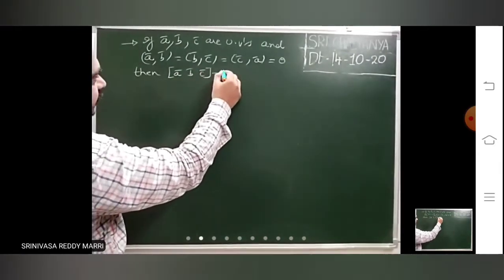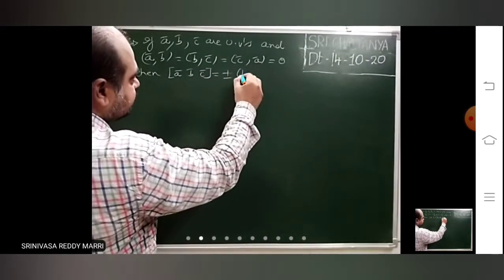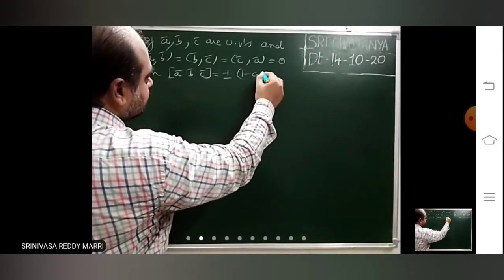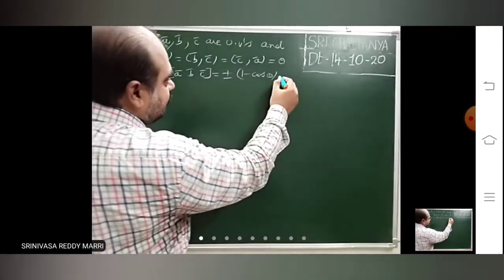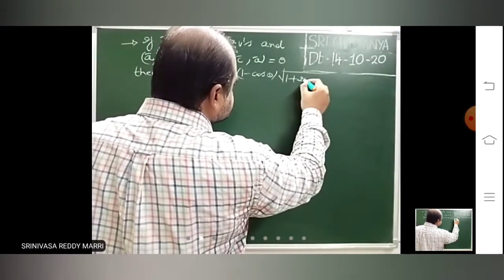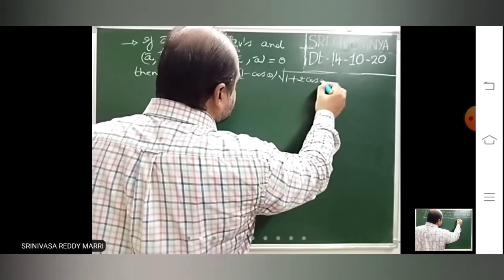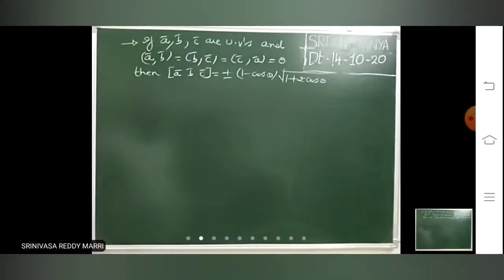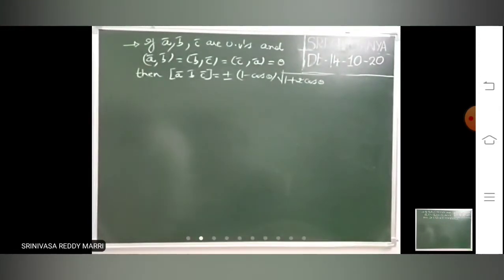Box of A bar, B bar, C bar is nothing but (1 minus cos theta) into root of (1 plus 2 cos theta). This is the direct formula.